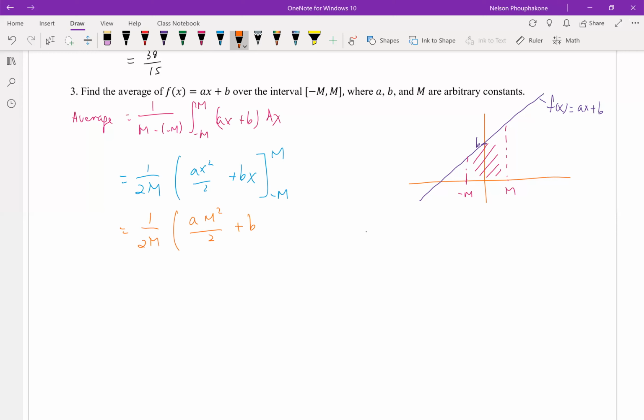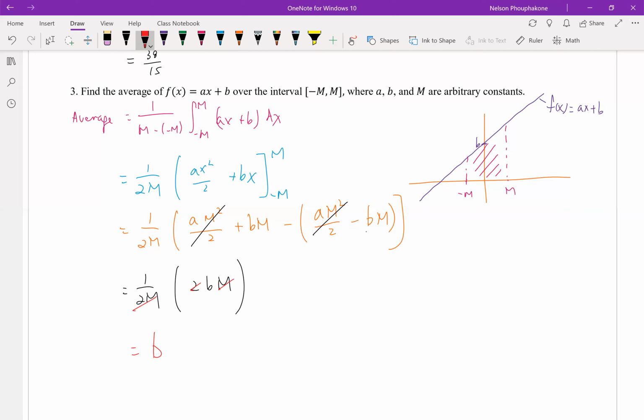Am squared over 2 plus bm minus am squared over 2 minus bm. Then you will see that this one and this one cancel. So I will have 2bm here. Then 2m and 2m cancel. So my answer is b.